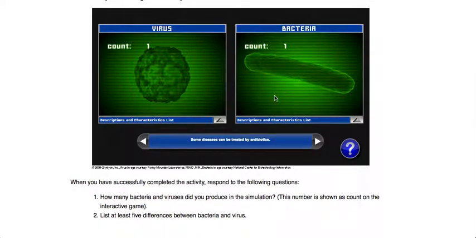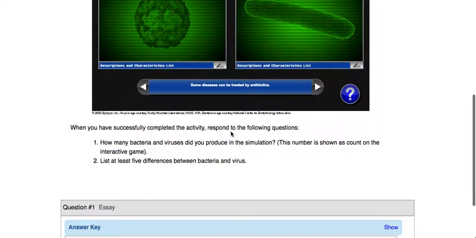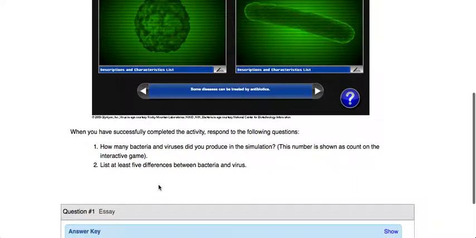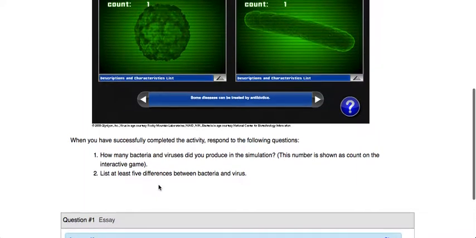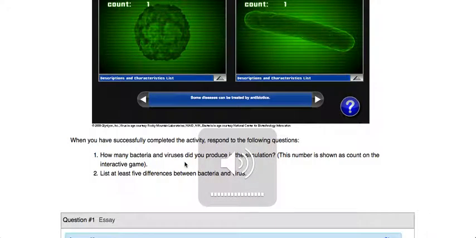Okay, and it's also going to give you a count of organisms, whether they be bacteria or virus. Okay, so for this activity, once you've completed it up here in the box, you're going to get a number. For the actual answer part of this, you're going to tell me how many bacteria and viruses you produced in the simulation.